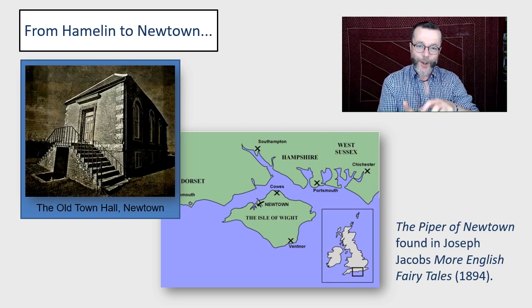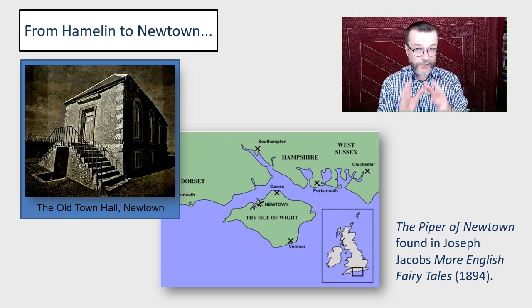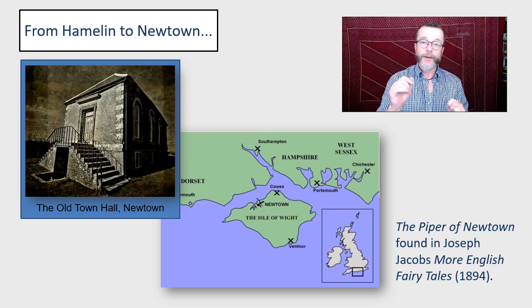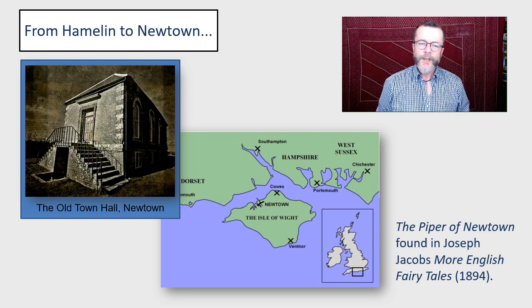Newtown had a harbour. There is no mountain on the Isle of Wight, but there were forests. So the English version uses the landscape where the story is set. In fact, it also uses the town hall, which is still there. You can still go to the town hall, and it uses Gold Street and Silver Street and the square outside the town hall. So it is using the town, and that's what we are doing in this piece of storytelling.